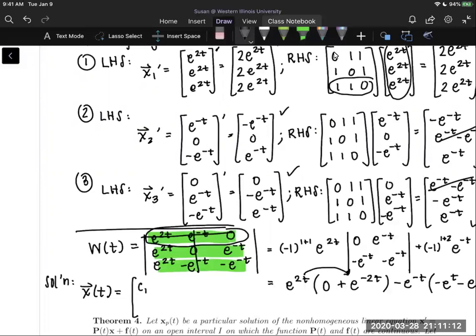So I get a C1 e to the 2t plus C2 e to the negative t, and then we would have a C3 0, which I won't write out. We have a C1 e to the 2t, a C2 0, and a C3 e to the negative t.